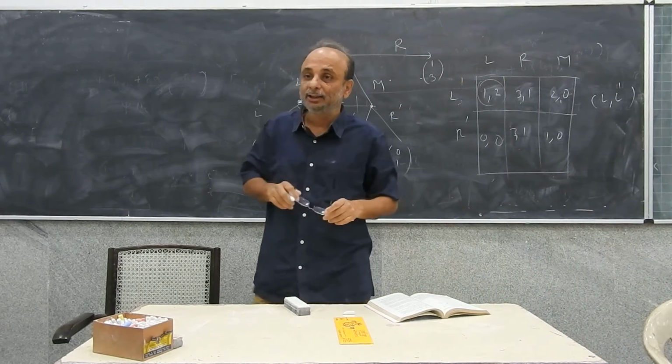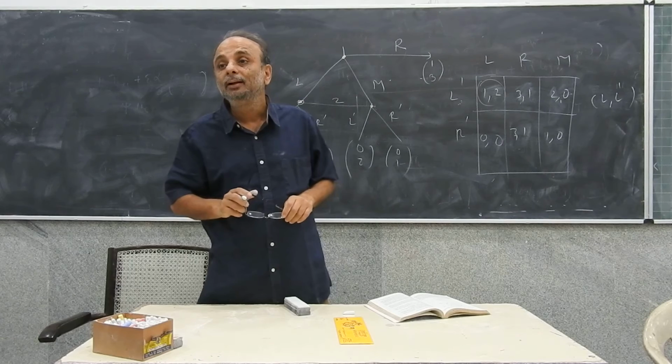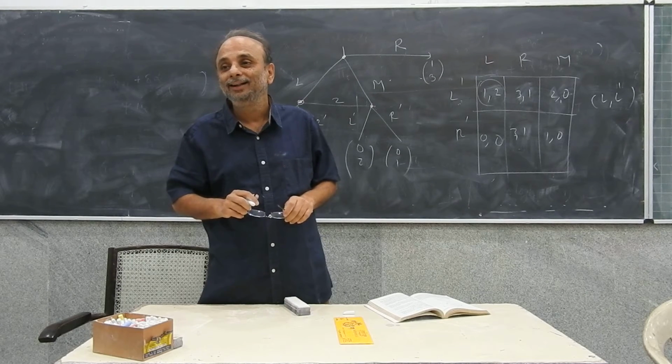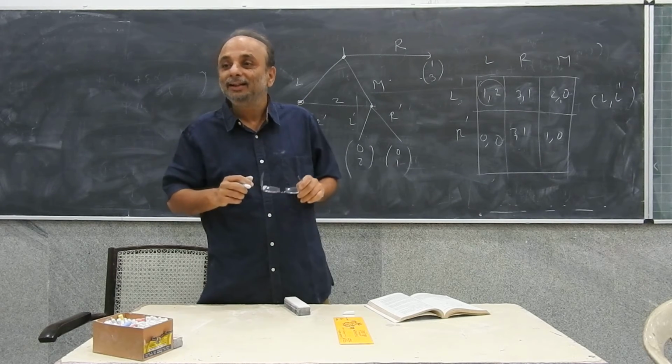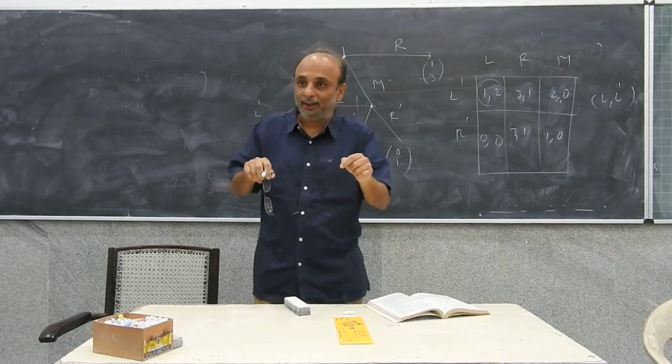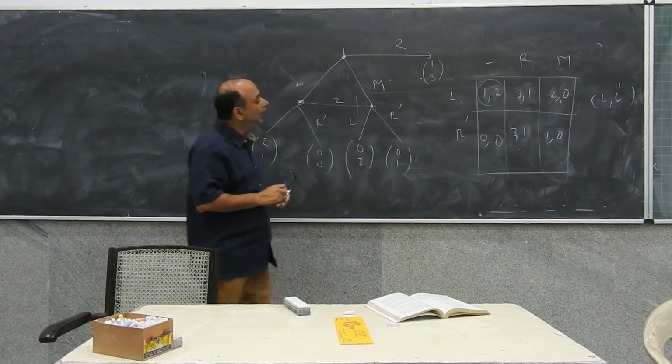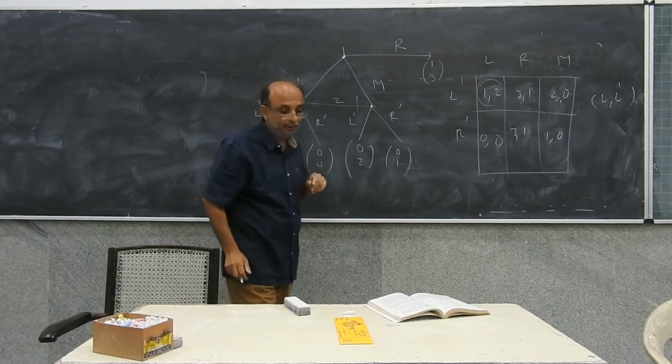So is L dash a Nash equilibrium of this game? Yes. Why? Nobody has incentive to unilaterally deviate.